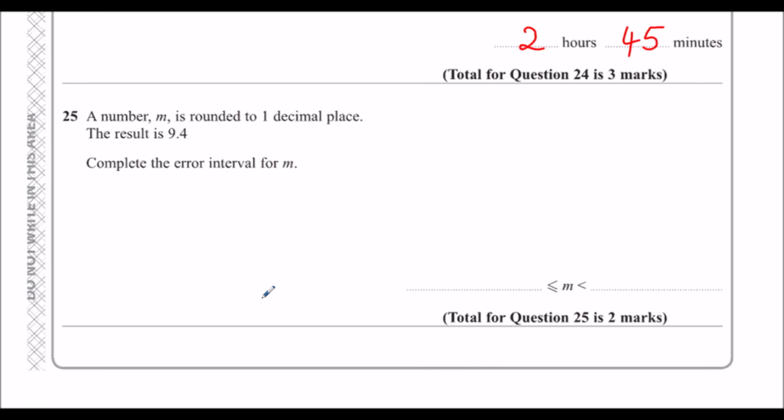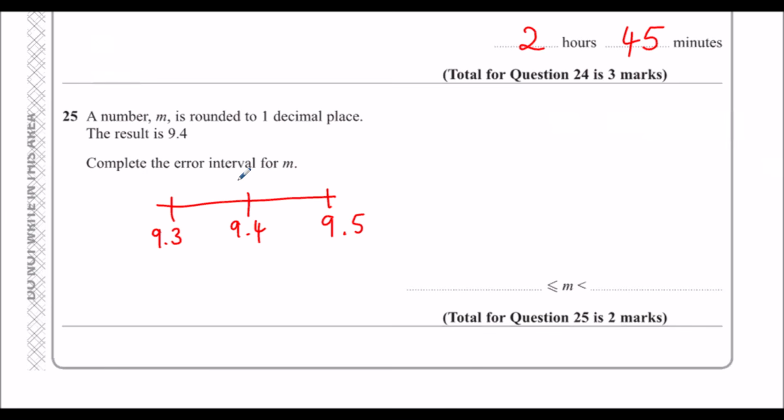Question 25. A number m is rounded to 1 decimal place. The result is 9.4. Complete the error interval for m. So it's been rounded to 9.4. The number below to 1 decimal place is 9.3. Above is 9.5.